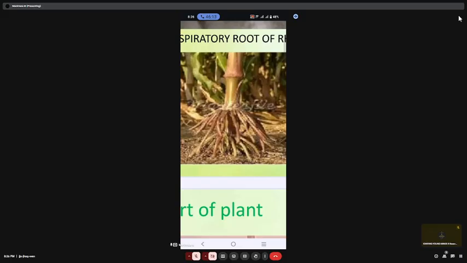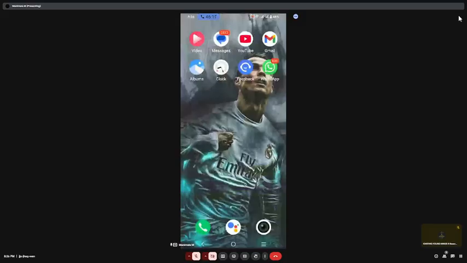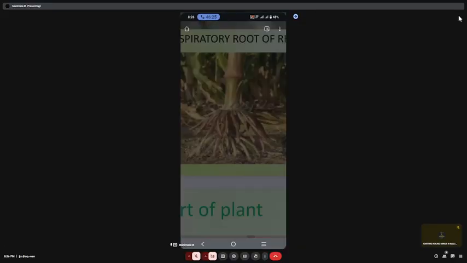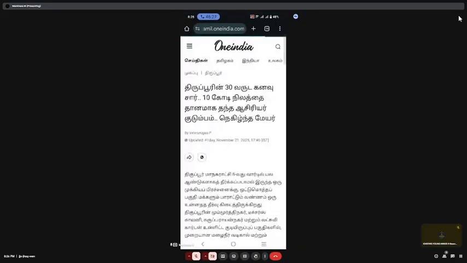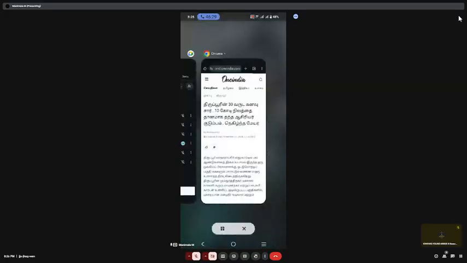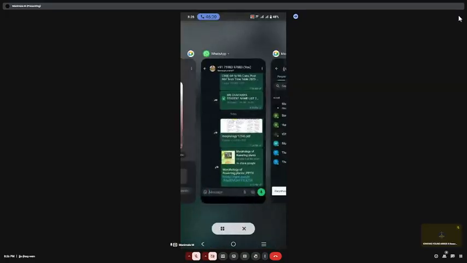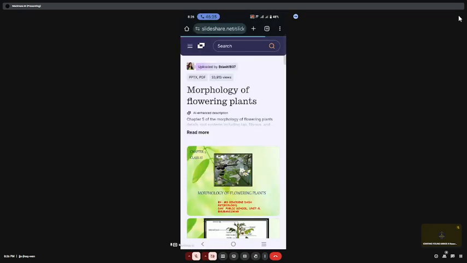Okay, can you tell me which plant has both the stilt root as well as the respiratory root?